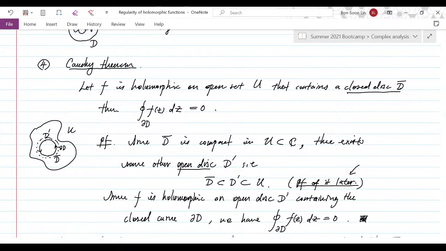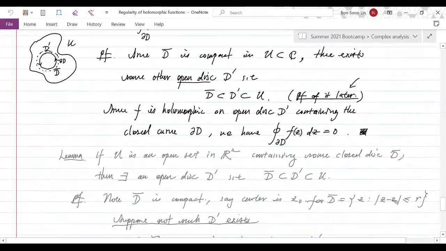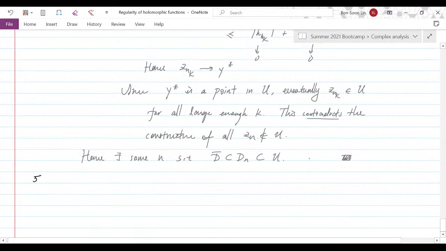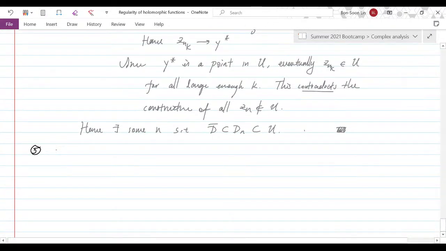Now this is the penultimate step to proving the regularity, because the next thing that we'll establish is Cauchy's formula. So next we will show, this is number 5, that using this Cauchy theorem, we will establish Cauchy's formula.